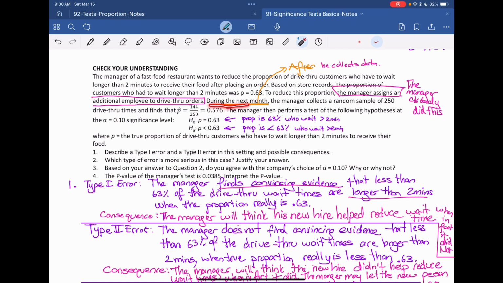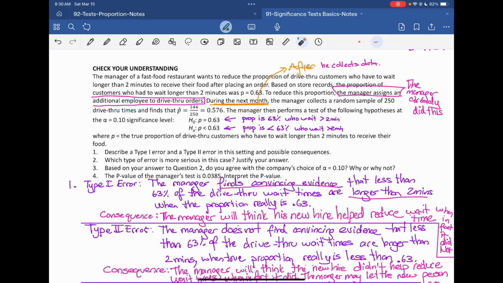So then they collect the data. This changes all the answers, so be very careful. Basically, they put in an extra employee, then they collect data, then they found this. They see that it is reduced, and so they're saying there might be some evidence for this. If you look at the p-value later on, they may or may not have, but that's not the point.